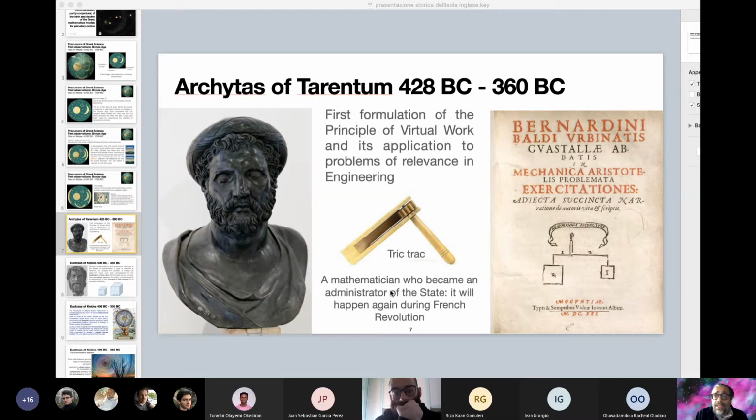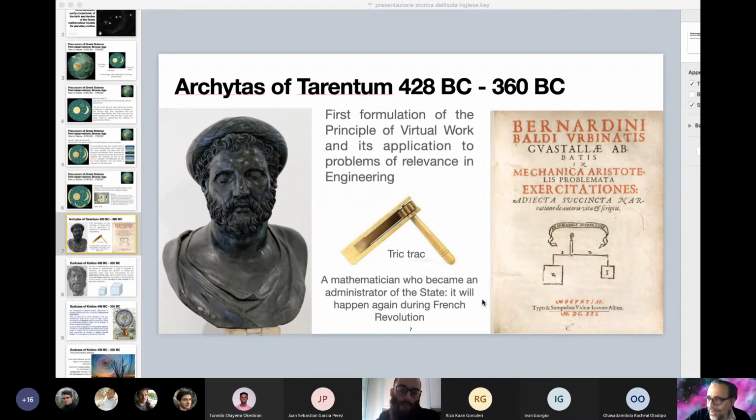By the way, Archytas became an administrator of the state. This is also a phenomenological aspect which merits to be remarked. This phenomenon, that a mathematician becomes an administrator of the state, happens sometimes in history when a society really needs somebody who has some competences.